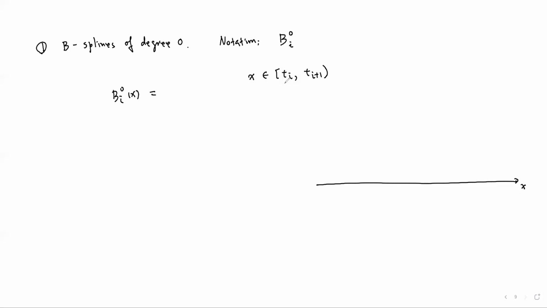Any integer. Over this interval, this spline function is 1, and outside this interval the value is 0.